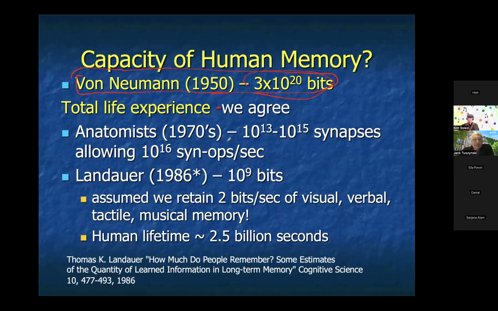Some other ones, Landauer, that's a different Landauer, Thomas Landauer, psychologist, I believe, very, very, I would say ridiculously small, because today you can have a memory stick you buy for, I don't know, $20 or $10, and it will have terabytes.